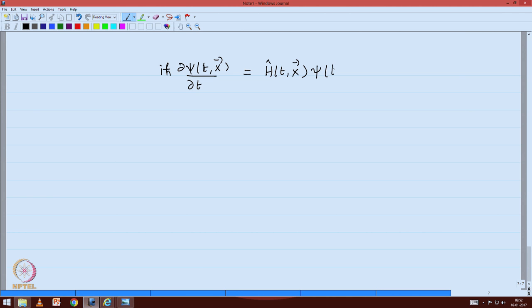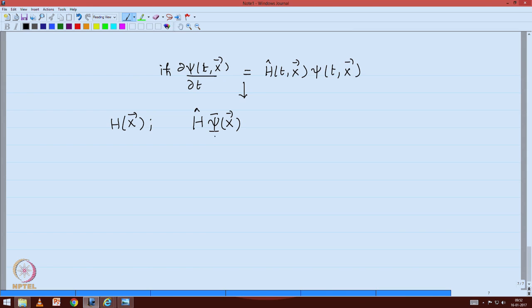So let me write this equation. When the Hamiltonian is independent of time and only dependent on the position coordinates, this can be written into two component equations, one for the time variable and one for the position variable, and the position variable equation gives a function ψ(x).